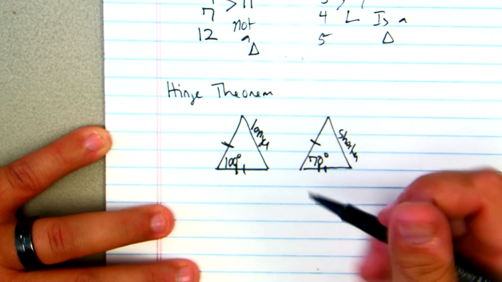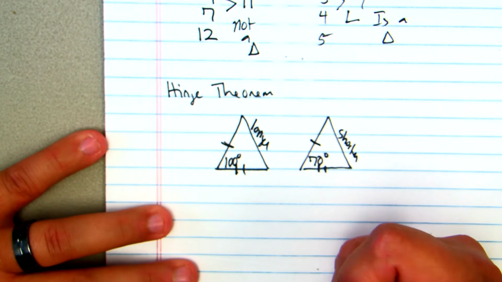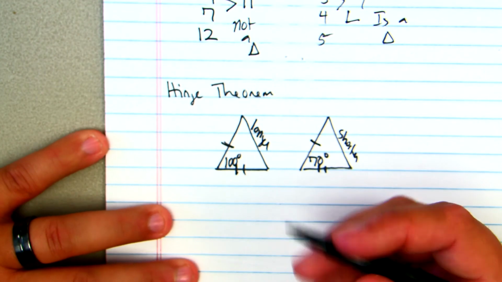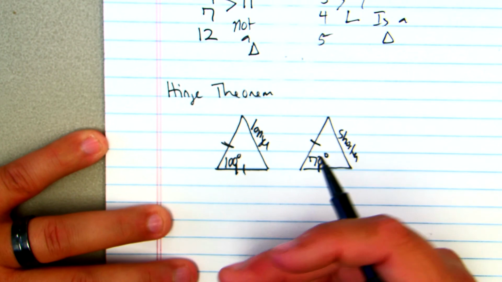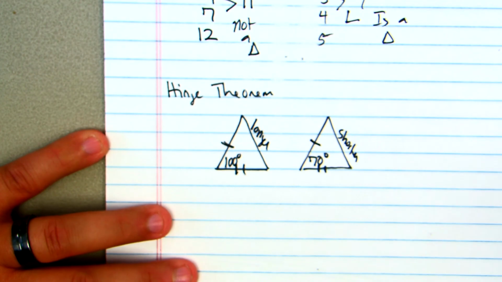So the Hinge Theorem says basically that the larger an angle opens up, the longer the side opposite it, just like the hinge on a door. The wider you open the door, the longer the side opposite it.